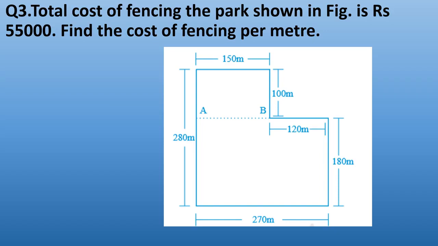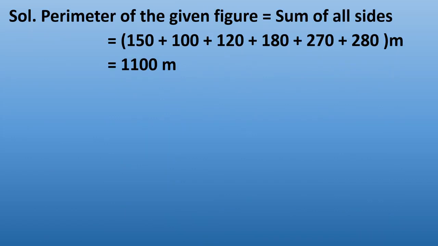Now where will we do the fencing? Definitely on the boundary. And for the boundary we need to find the perimeter. So our first step is to find the perimeter of this park. As it is an irregular shape, how will we find the perimeter? By finding the sum of all the sides.